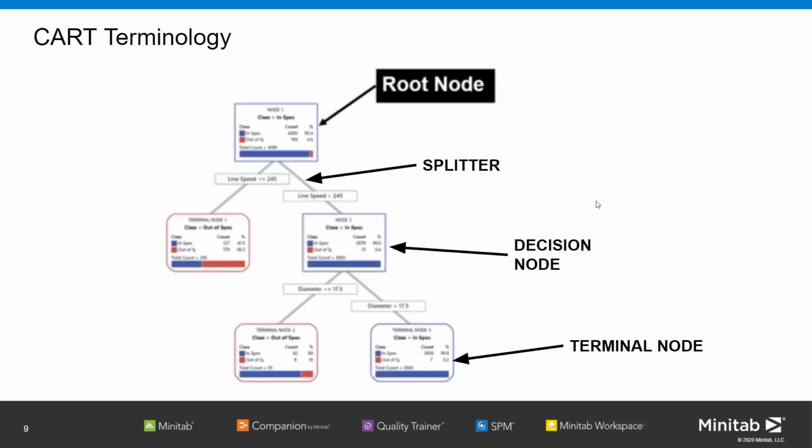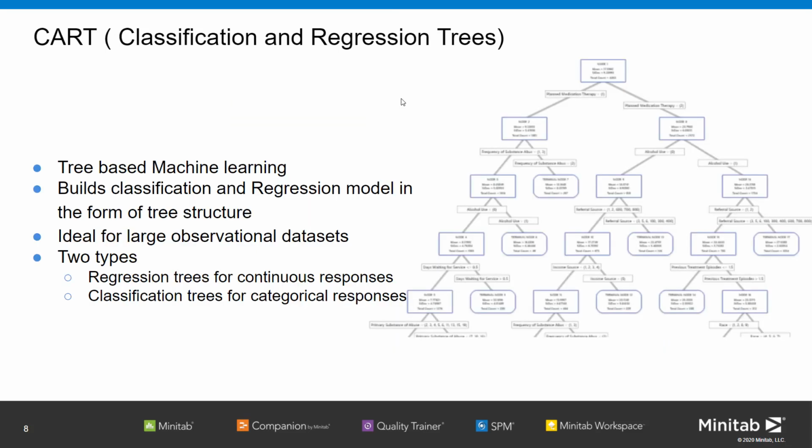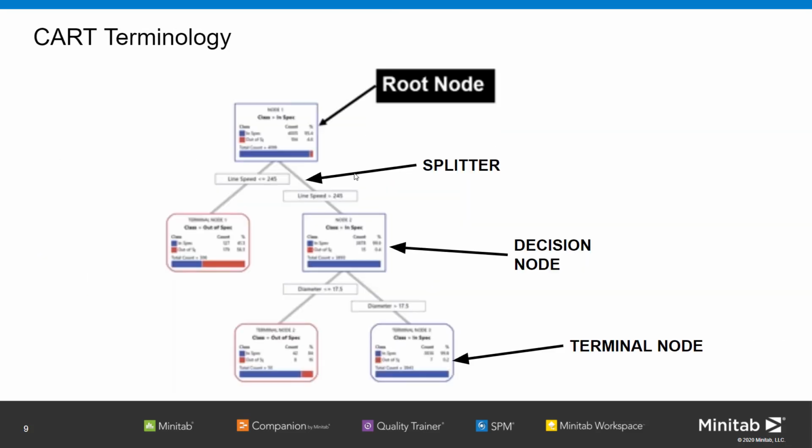Here is a little bit on the terminology which CART uses. The first node is known as the root node. Then there is the splitting, done by the splitter, the variable which is used to split. Then there are decision nodes, on which this splitting is done below the root node.